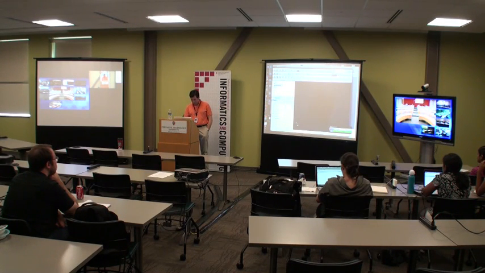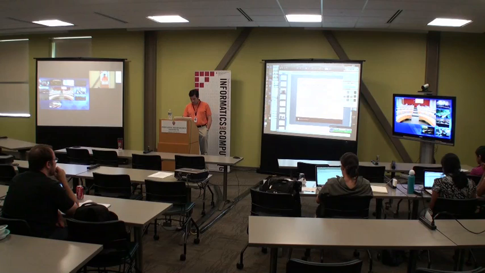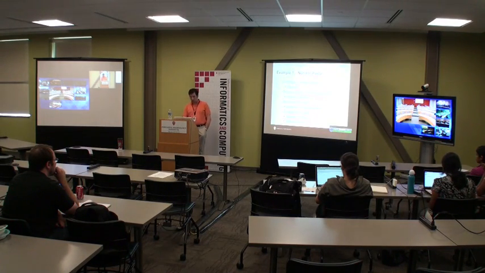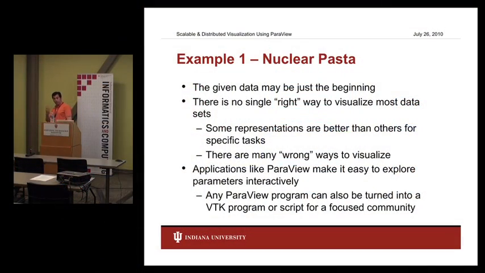Let me jump back over to the slides for a bit. Those are some of the things that we did with nuclear pasta. The lesson to learn here is that the given data, in most cases, should just be the beginning of what you want to do. There's no single right way to visualize most data.